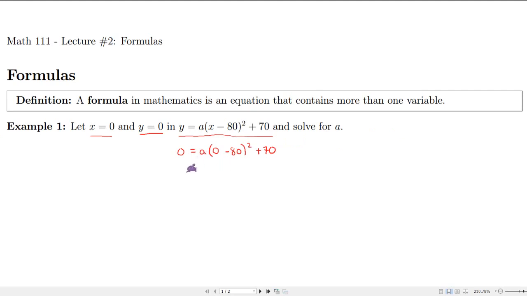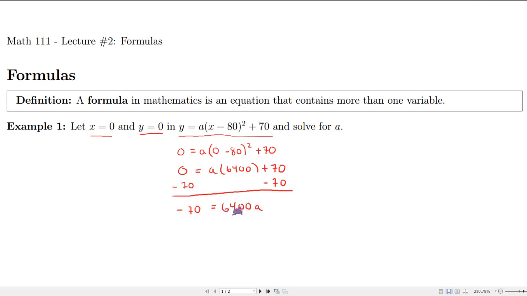So if we simplify this, we'll have 0 equals a times negative 80 squared, which will give us 6,400, plus 70. And at this point, we're trying to solve for a. So we're going to try to isolate a. To do that, let's subtract the 70 over. So we'll have minus 70 equals 6,400a.